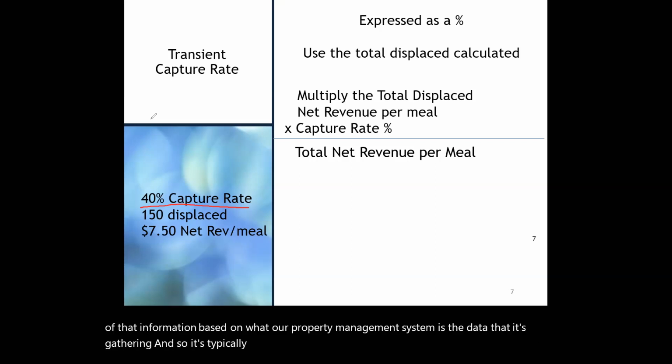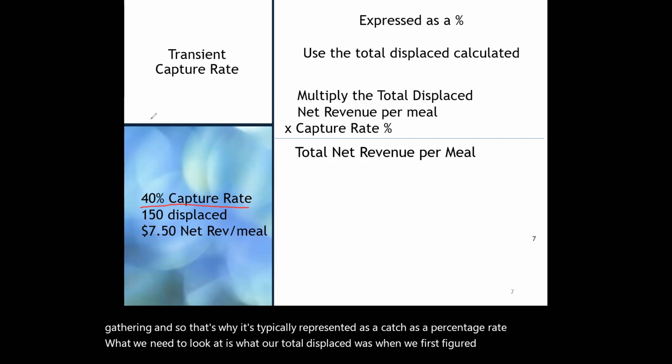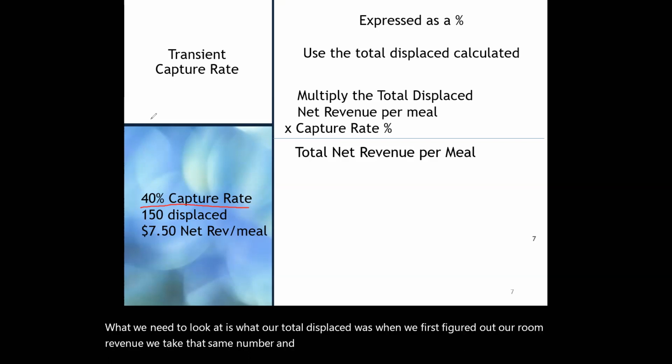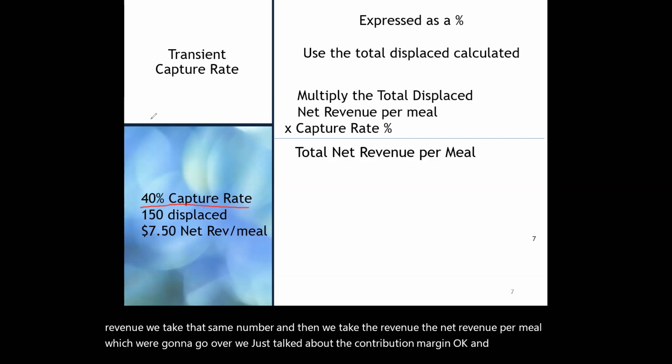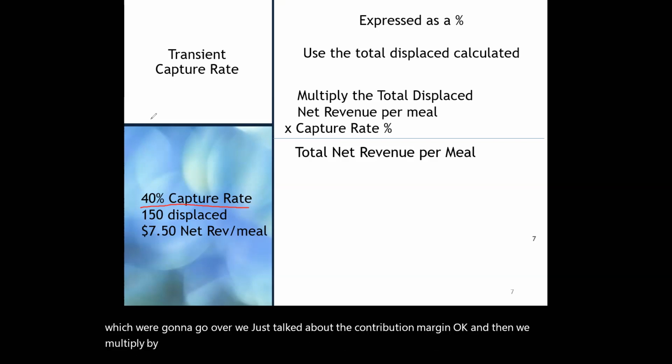And so from here, what we need to look at is what our total displaced was when we first figured out our room revenue. We take that same number, and then we take the net revenue per meal, which we just talked about as the contribution margin. And then we multiply by our capture rate. So in this case, how many people are displaced?